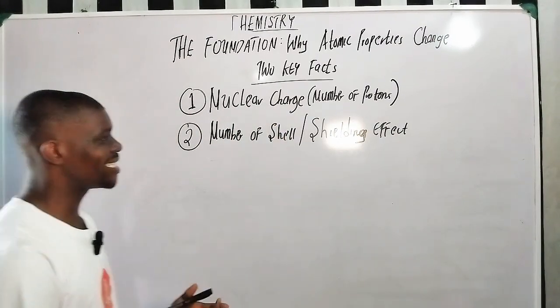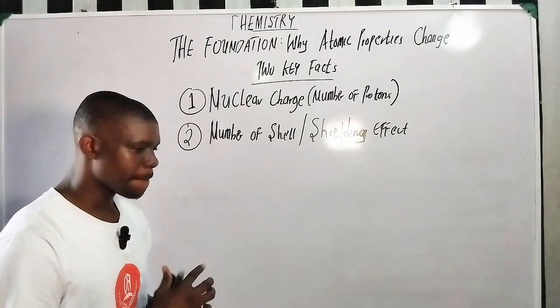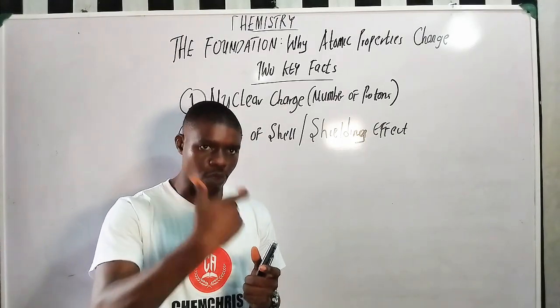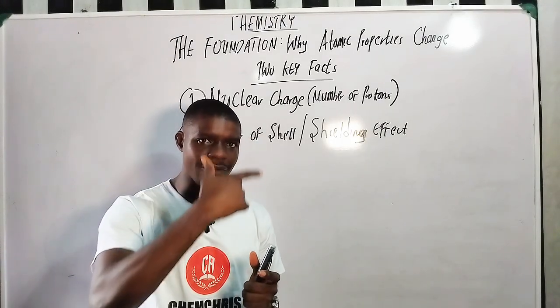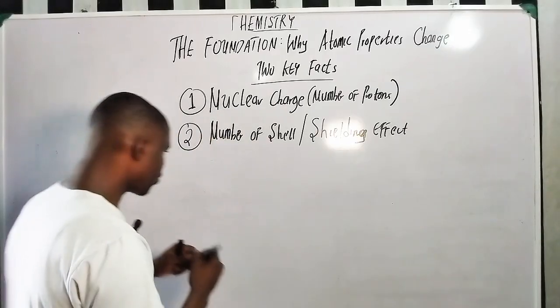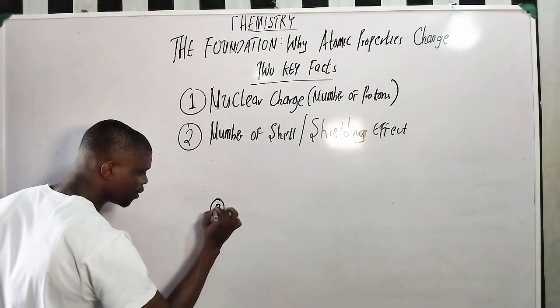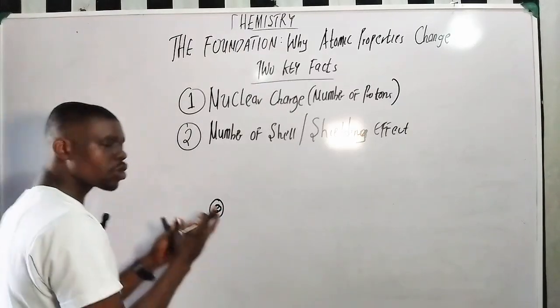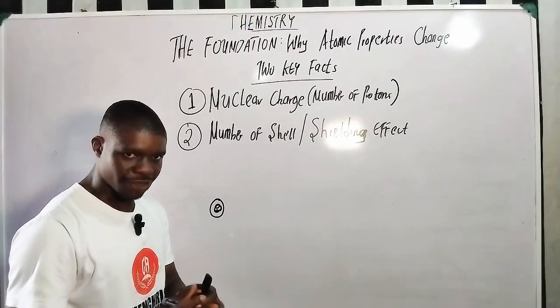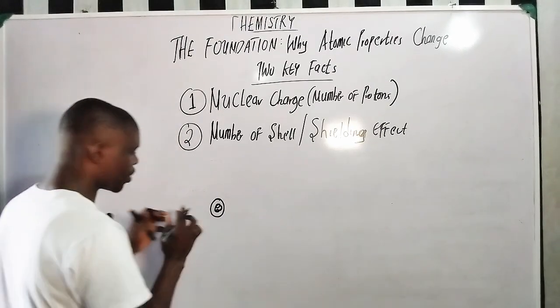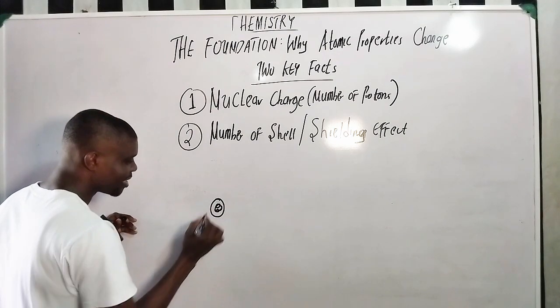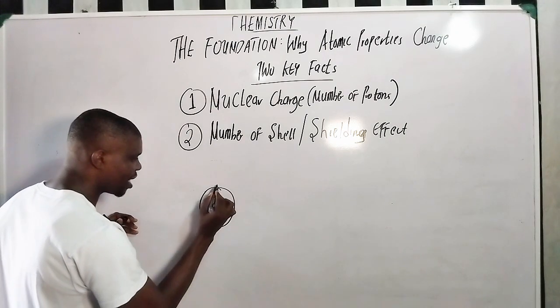The number of shells is called the shielding effect. Remember, we have the nucleus and we have the shells. The nucleus contains the protons, although it also contains the neutrons. Here we have the shell.